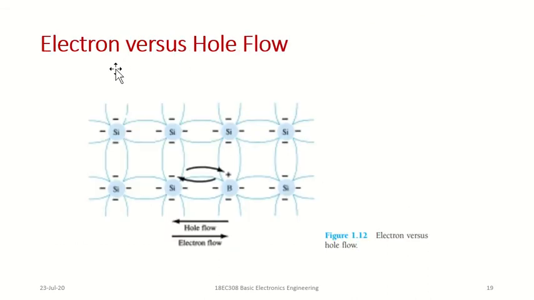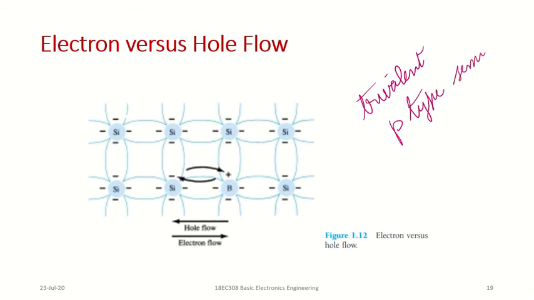Last, we will see the electron versus hole current flow. If you observe closely, boron is there. Boron has 1, 2, 3 valence electrons, so it is trivalent. Boron is trivalent, so it is a p-type material, a p-type semiconductor.